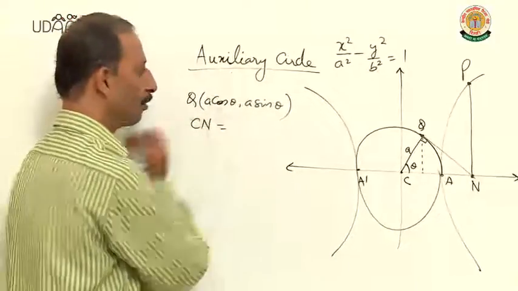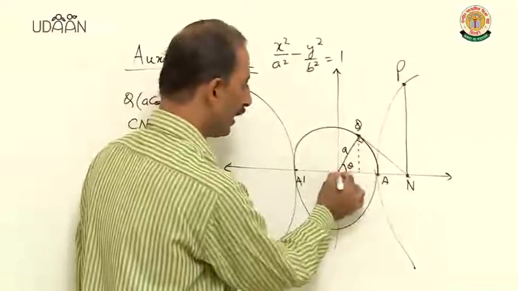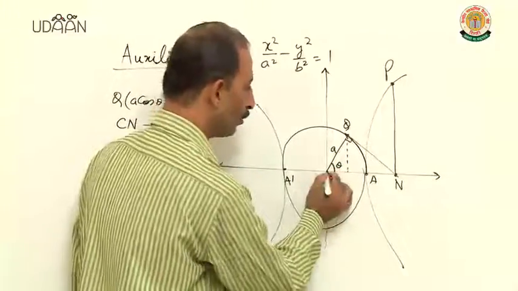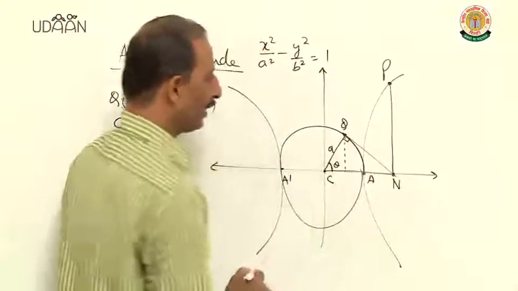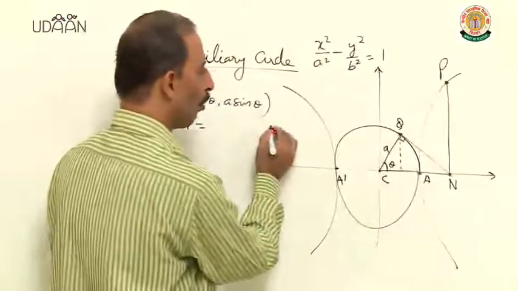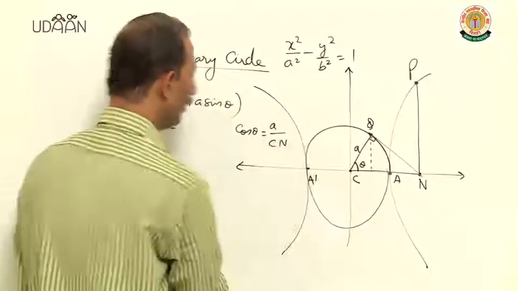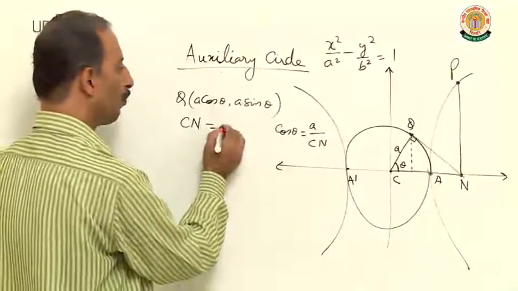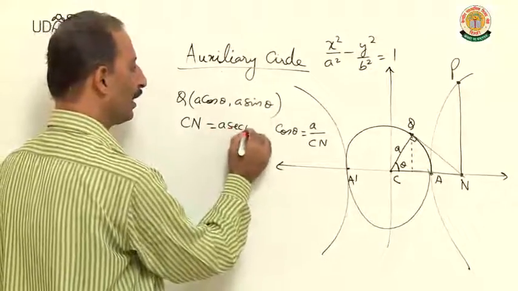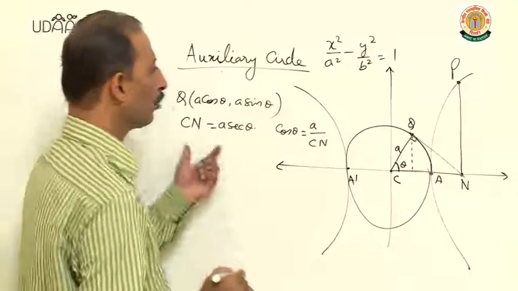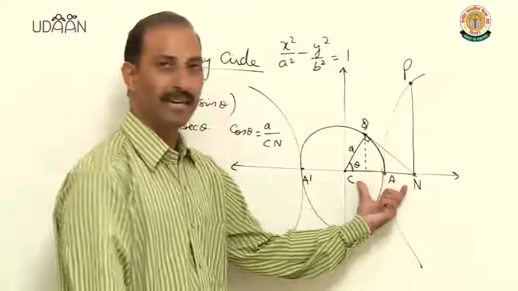This length is a, this angle is theta, and this angle is 90 degrees, so we can use cos theta equals base upon hypotenuse. So what is the value of CN? From here, a upon cos theta, or you can say a sec theta. So the value of CN is a sec theta.